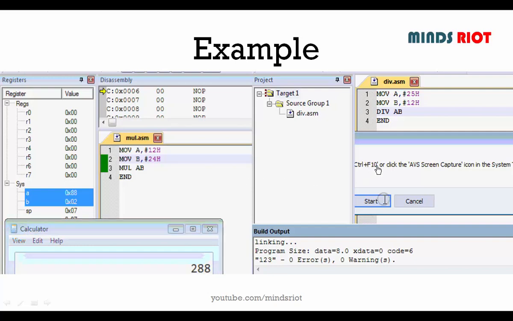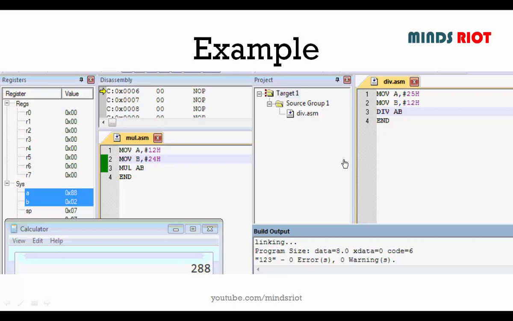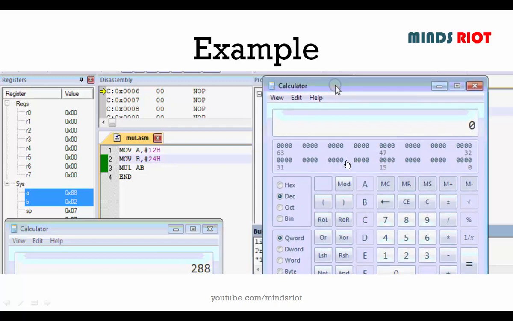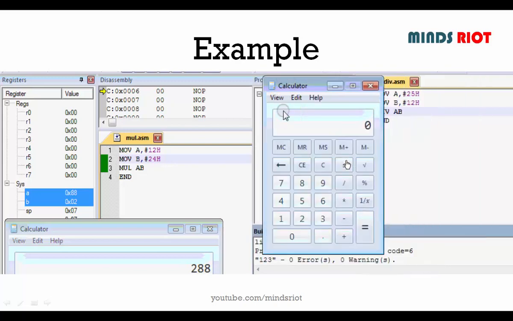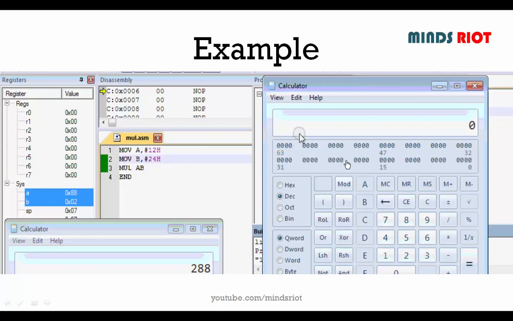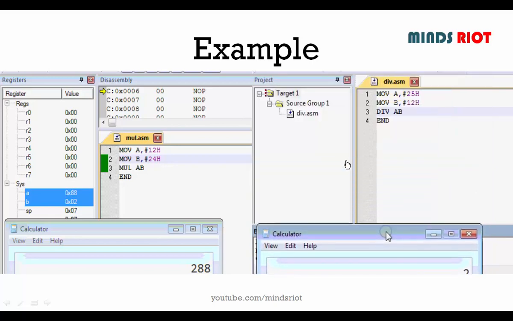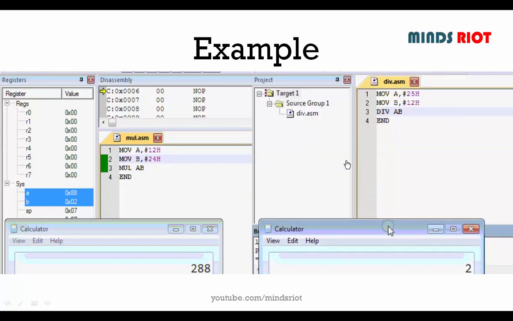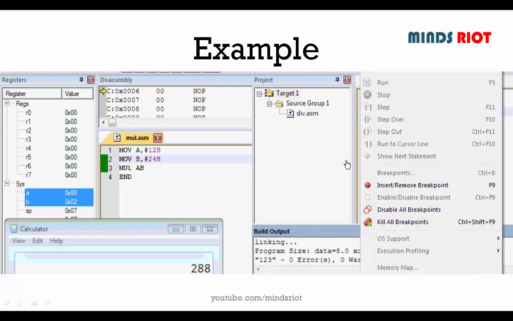Now division operation. Division of two 8-bit numbers, 25 divided by 12. The result is 2 and remainder is 1.